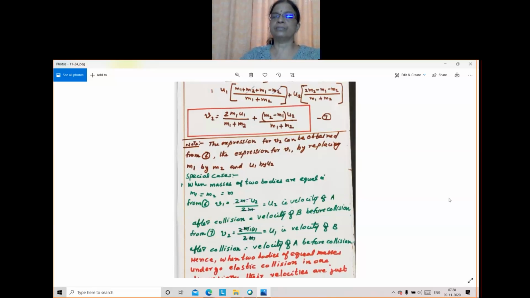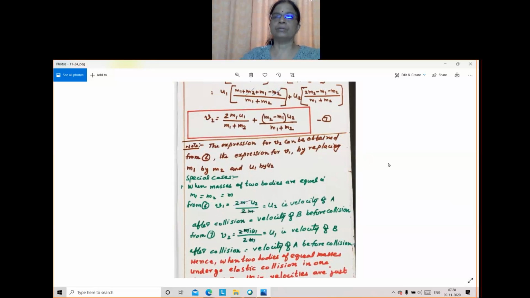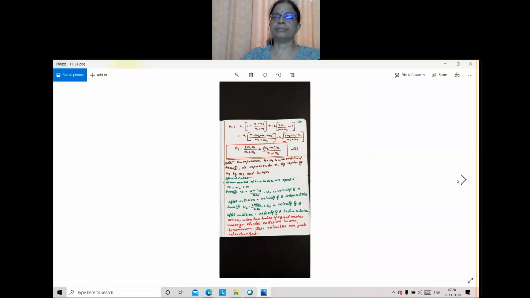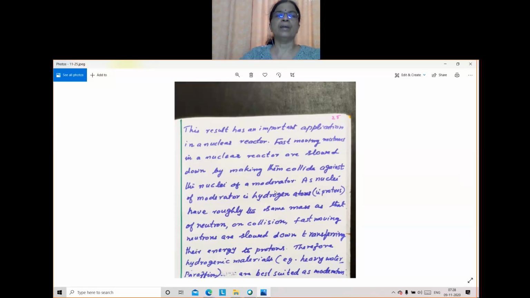Next case we can see. Then the explanation is there. This result has an important application in a nuclear reactor. Fast-moving neutrons in a nuclear reactor are slowed down by making them collide against the nuclei of a moderator.